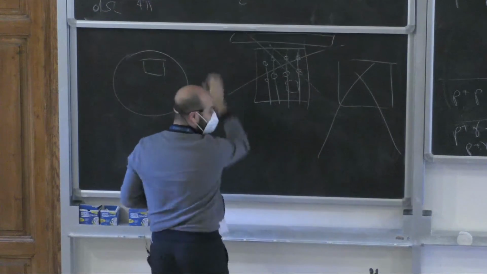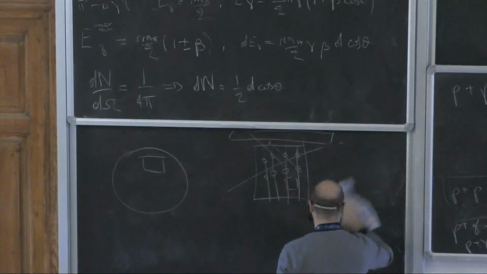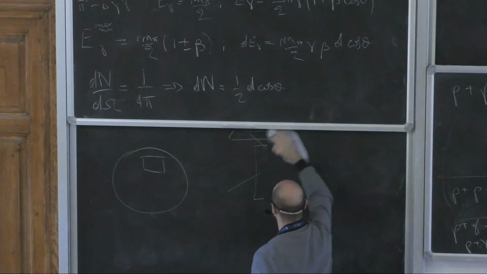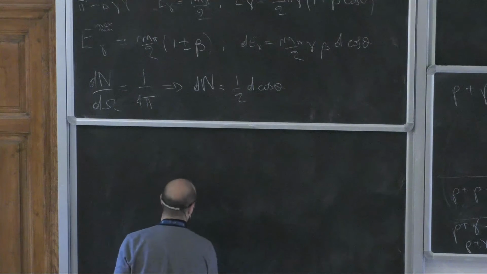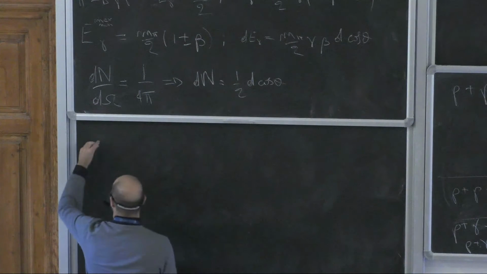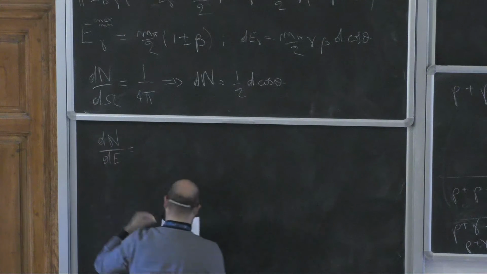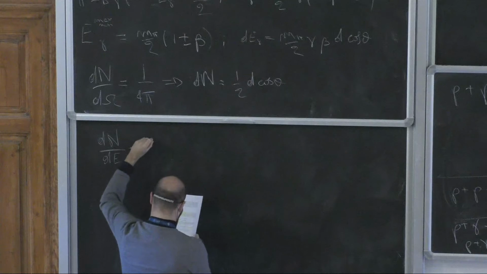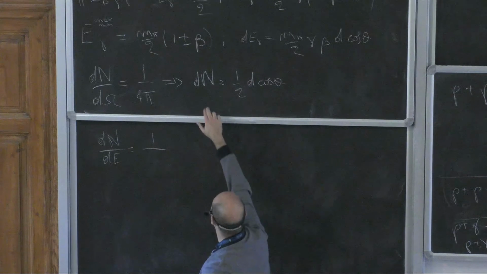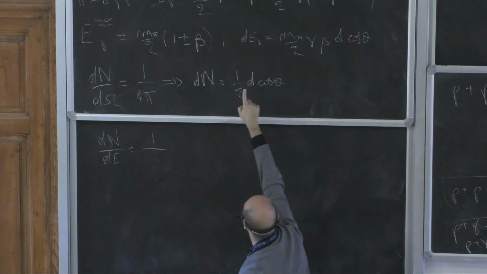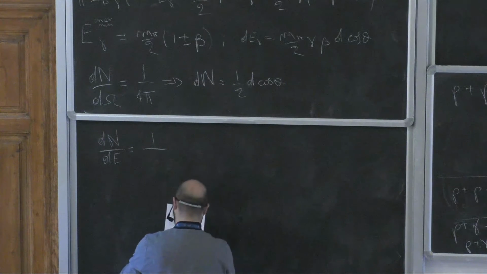So all these trivial things I'm just using to say that if you want to know the differential number of photons, normalized to 1, with respect to energy, you have basically the dN with respect to cosine theta and the dE with respect to cosine theta. They are both a one-to-one relation.